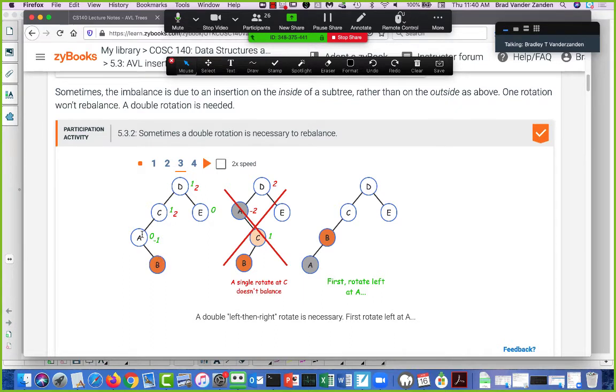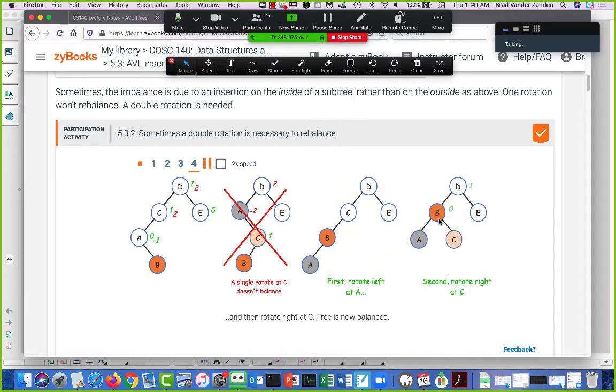So the first rotate made A the left child, and you can see that that brings us to the outside case where it looks like the zig-zag. So now we do a second rotate about B. And as you can see, that nicely rebalances the tree.